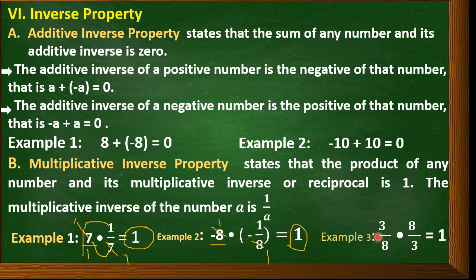So once we multiply this one, we can divide the common factors. So 3 divided by 3, that is already 1. And 8 divided by 8 is also 1. So therefore, 1 times 1 is 1. And 1 times 1 is 1. So 1 divided by 1 is equal to 1. Okay? And this is the multiplicative inverse property.